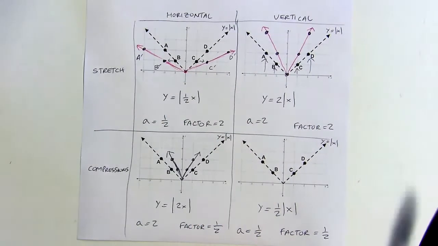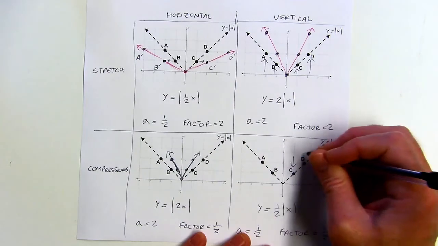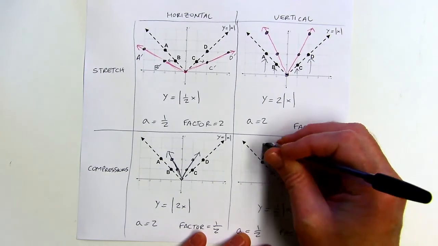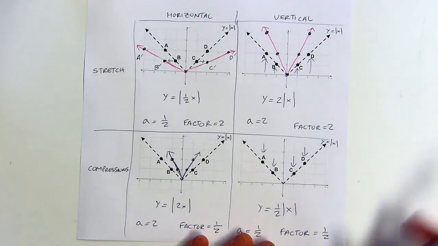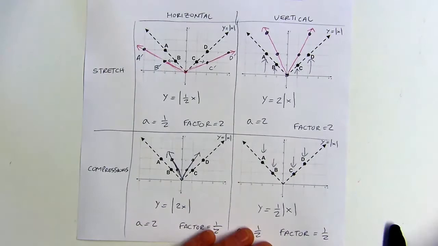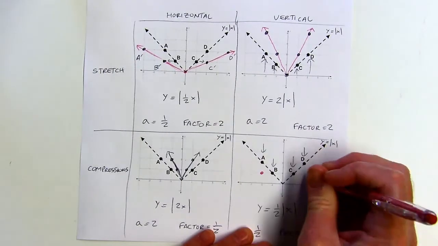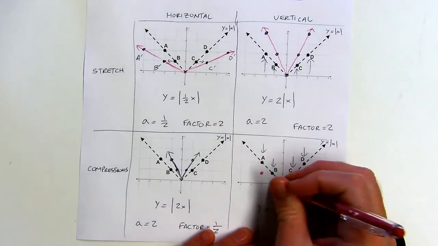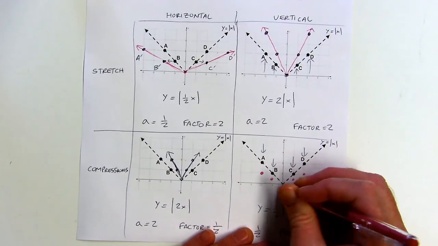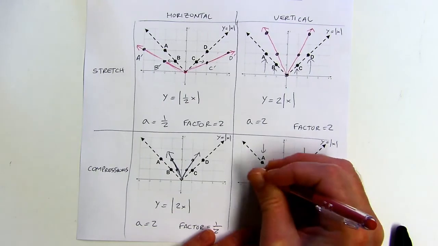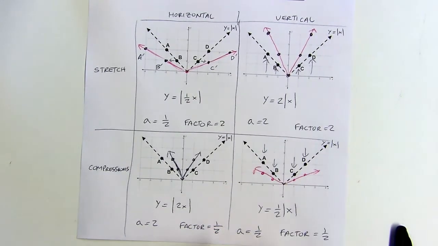So I want all these points to move down, and I want them to be half the height they are right now. So points A and D will end up 1 unit above the x-axis. Points B and C will end up a half unit above. And then I've got my vertical compression or shrink.